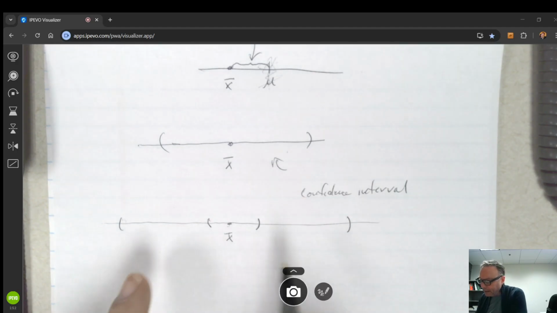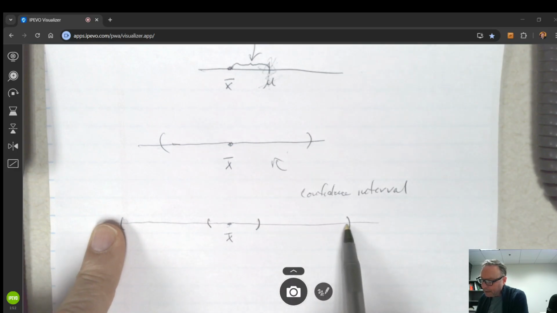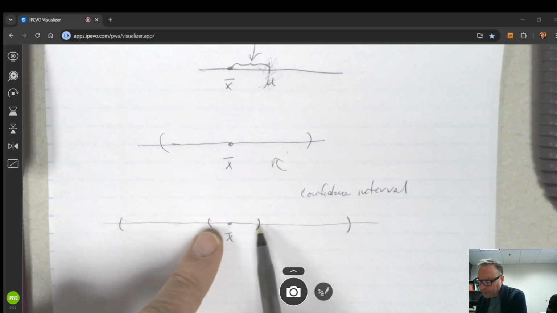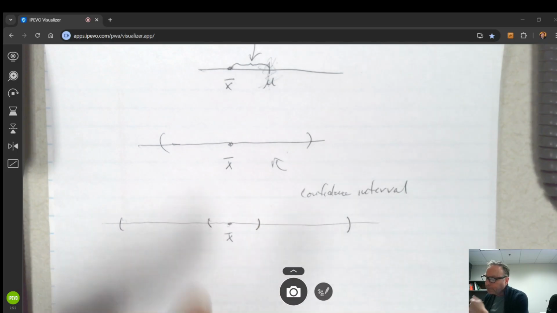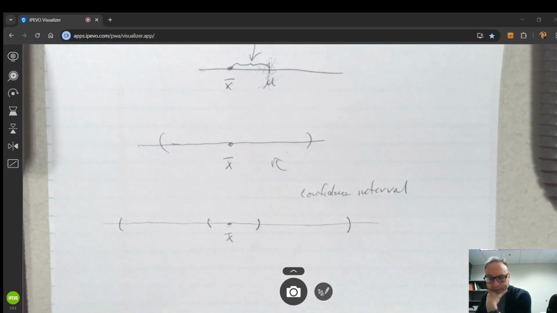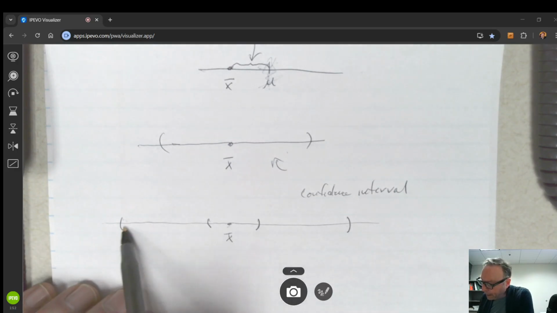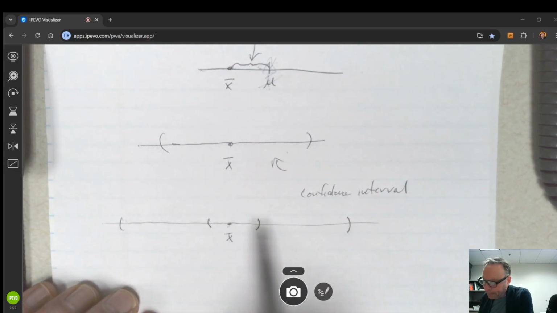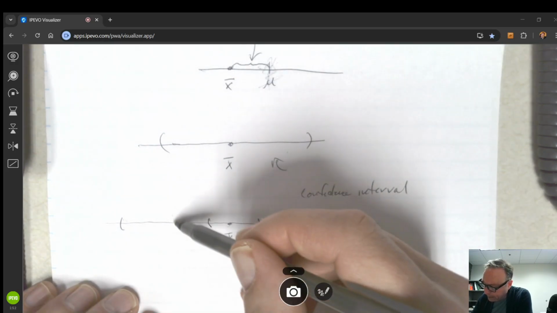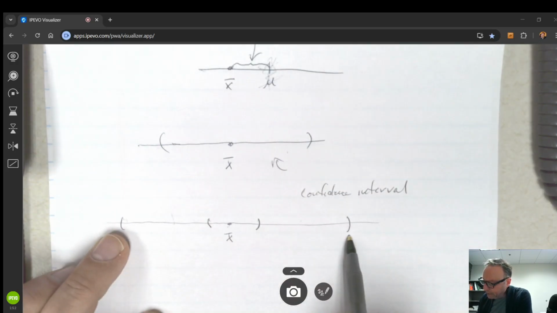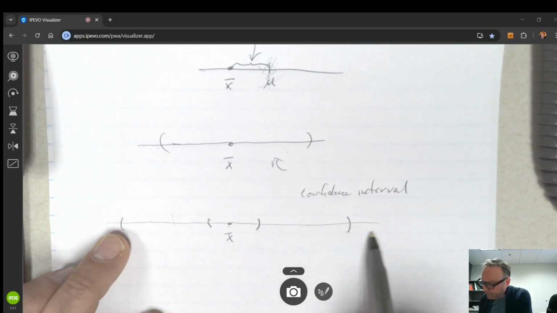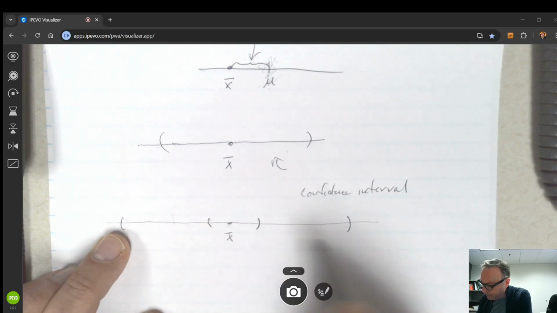If I make the distance bigger, is it more likely that I've captured the mean as opposed to this confidence interval? And the answer is obviously yes. My basket is bigger. My net for catching the mean is bigger the wider my confidence interval is, because I just have more possible values.